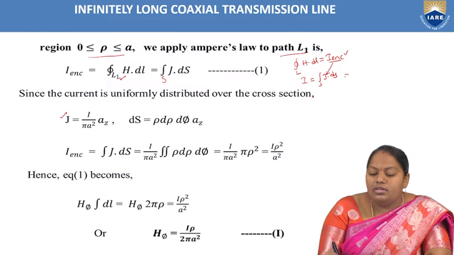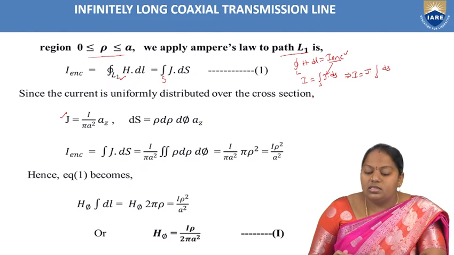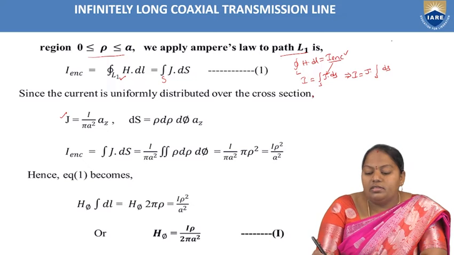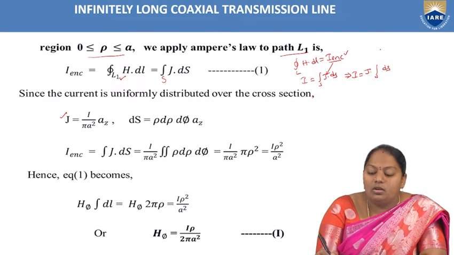So I equals J, which is constant, times the integral over S of ds. Since we have a coaxial transmission line, the coordinate system to consider is the cylindrical coordinate system. Its variables are rho, phi, z, and the differential components are d rho, rho d phi and dz.